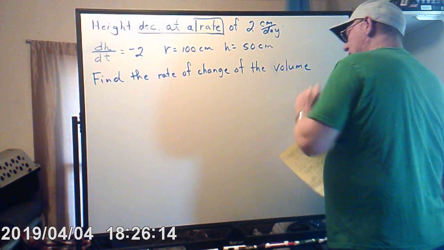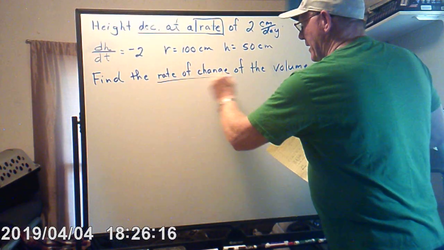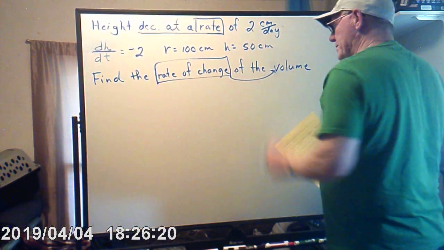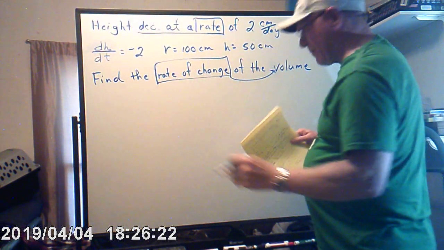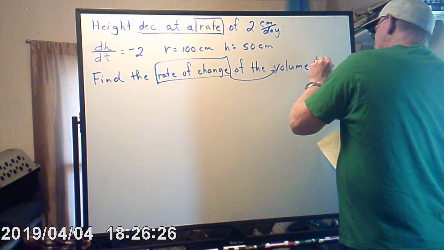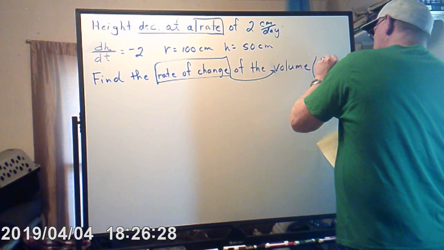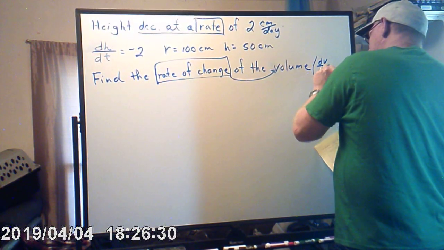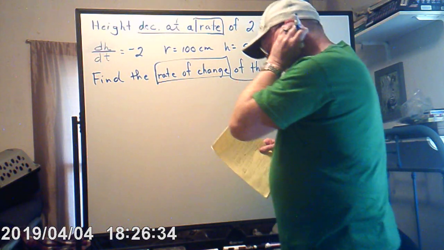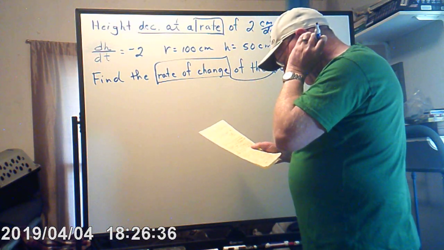Now let's stop right there. What is the rate of change of the volume? That's right. We're looking for dV, and that's what you got to learn. What are we looking for? Well, we're looking for dV over dt.